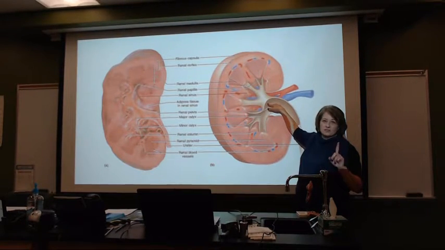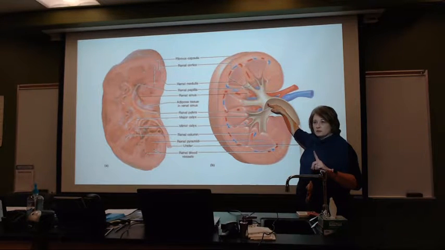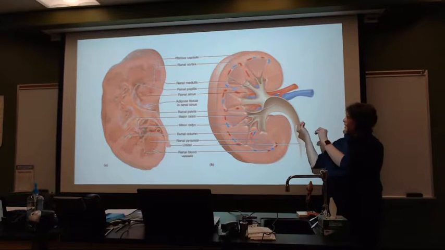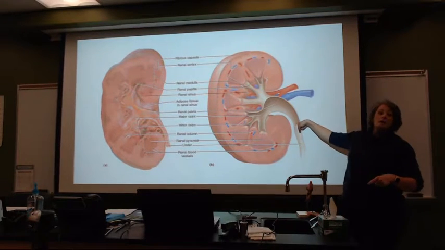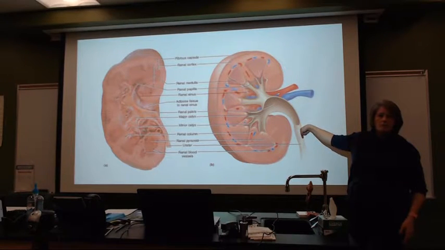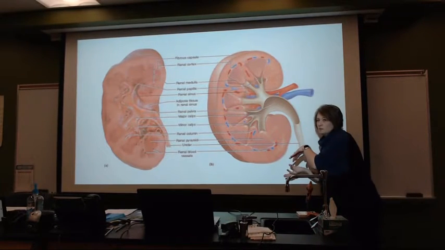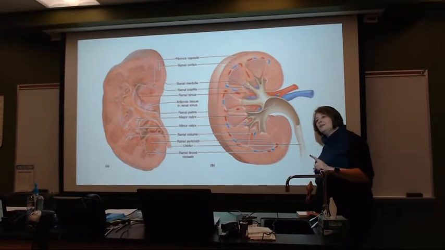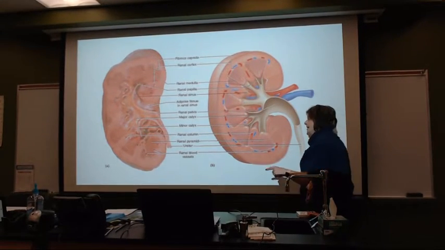Does everybody follow? This is going to become very important. So the major is just really in the center part. The major is like the big portion where it expands out, heading to the ureter to leave the kidney. Okay, is everybody with me at this point? Because we're going to have to understand.